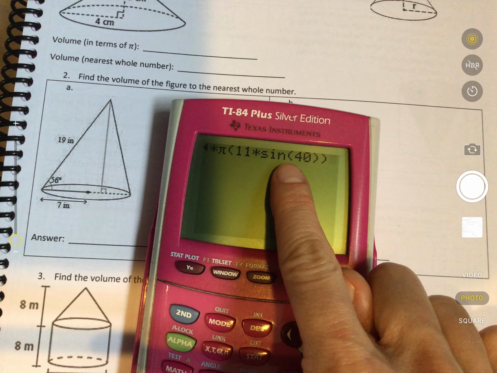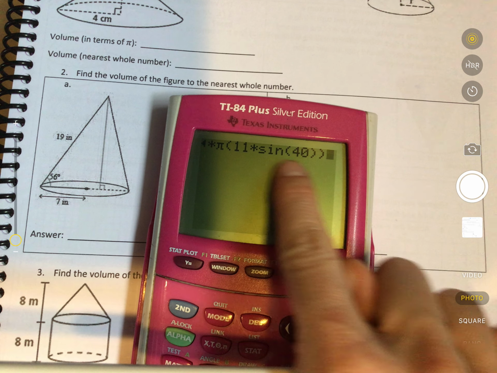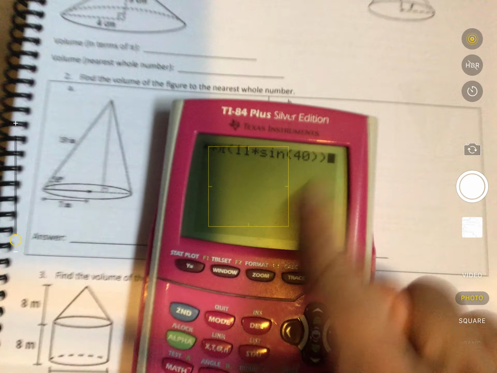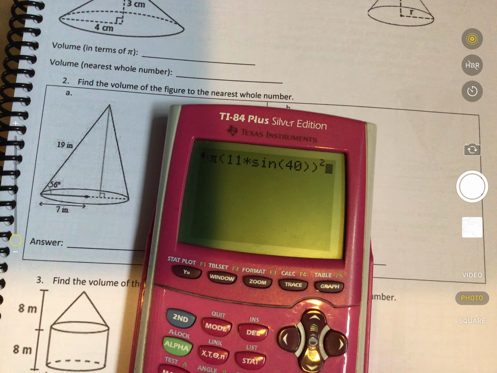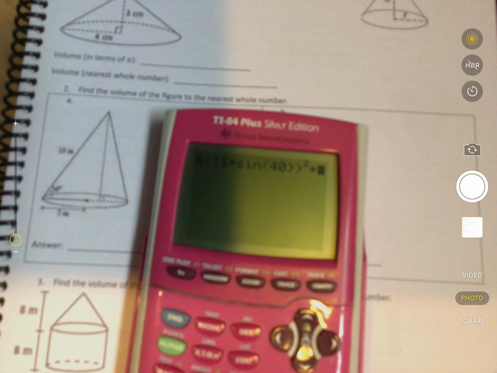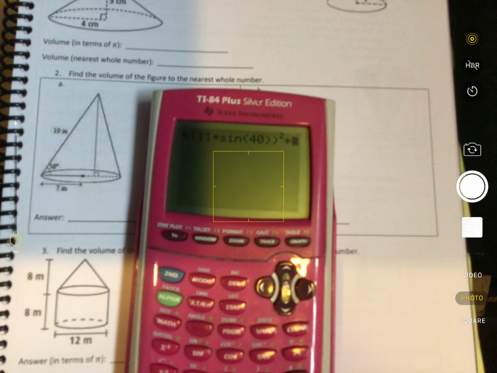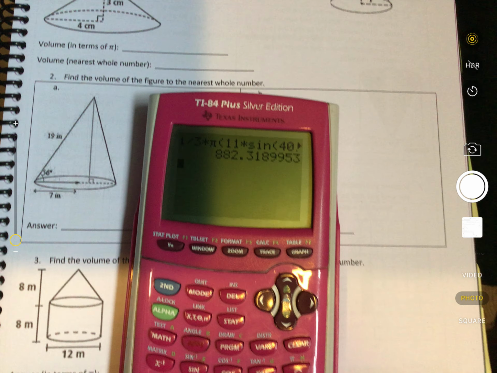So you'll notice it opened parentheses when it said sine, so I closed it when I said 40. But this whole radius of 11 sine 40 needs to be in parentheses so we can square it. And we're going to multiply that by the height, which I have here. The height was 22 cosine of 40. Sorry. So 22 cosine 40.